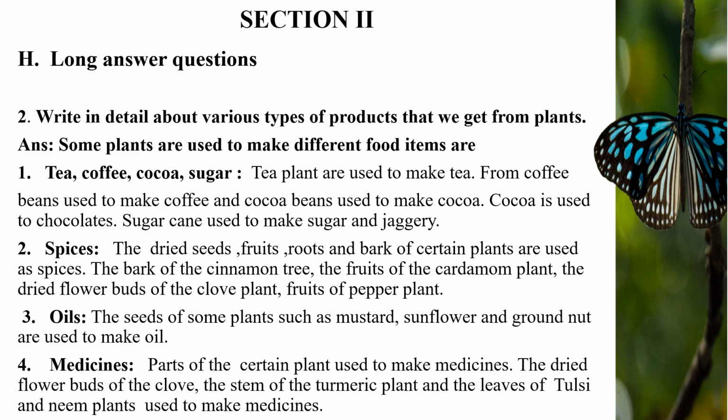The seeds of some plants such as mustard, sunflower, and groundnut are used to make oil. Fourth, medicines. Parts of certain plants are used to make medicines. The dried flower buds of the clove, the stem of the turmeric plant, and the leaves of the tulsi and neem plants are used to make medicines.